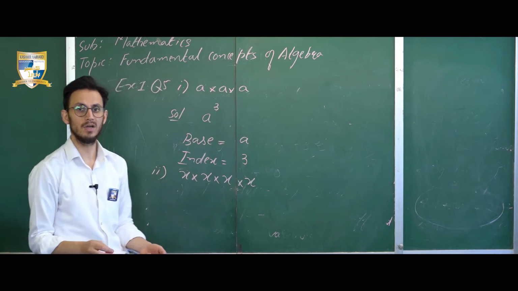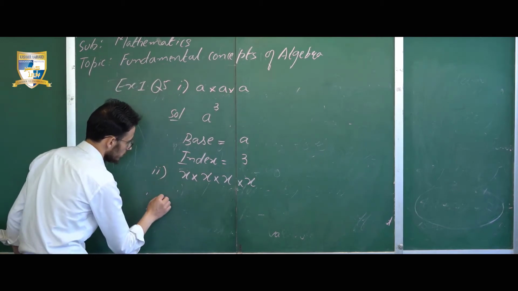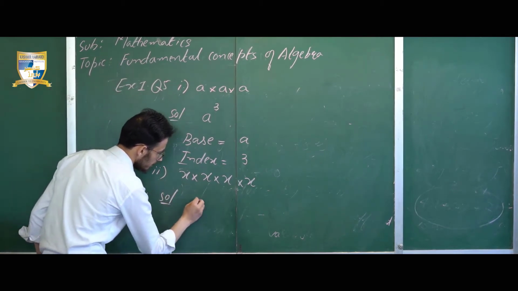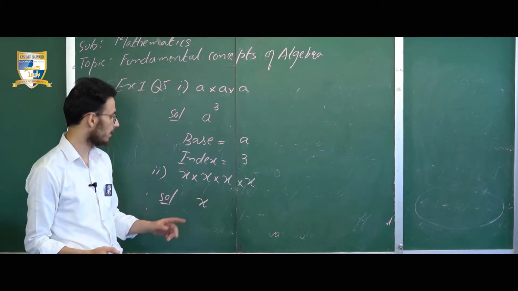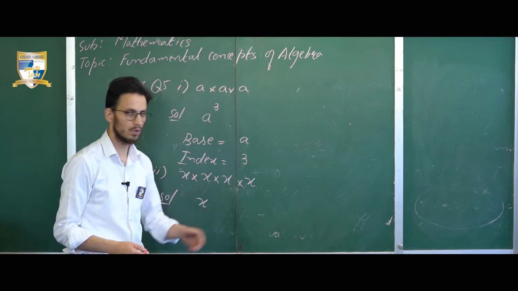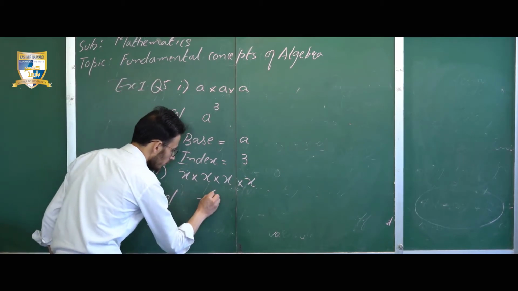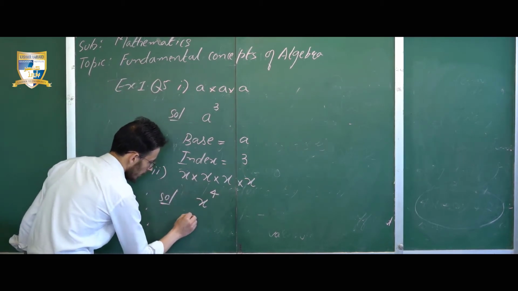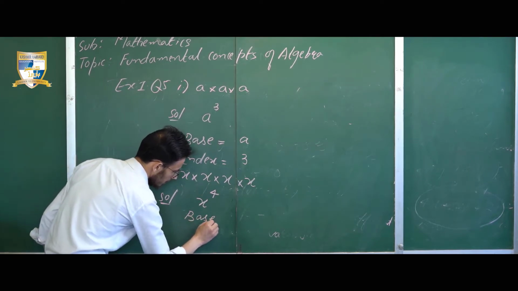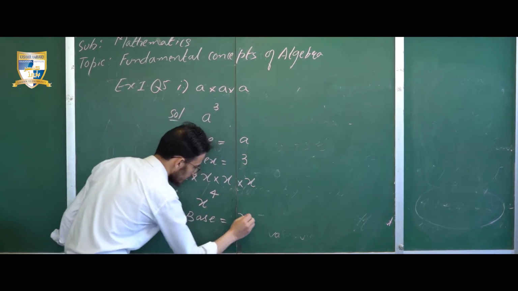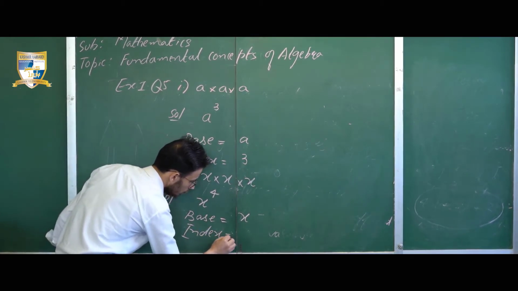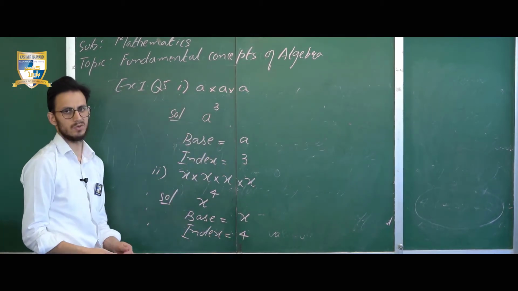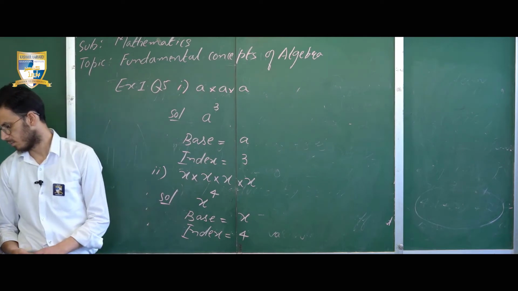Now we have to convert it into power notation. So we write x, which is our base, and how many times is this base to be multiplied by itself repeatedly? 1, 2, 3, 4. So our exponent is 4. Base here is x and our index is equivalent to 4. So this is the solution of this question. Move on to the next question.